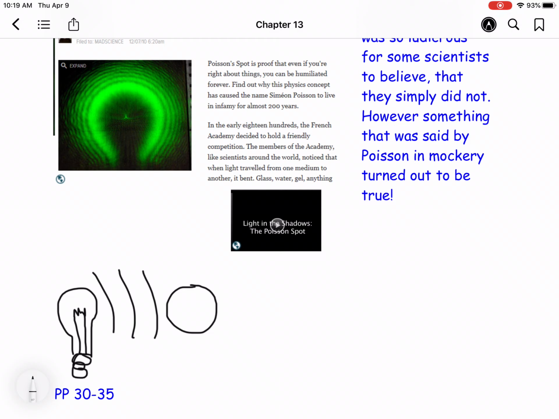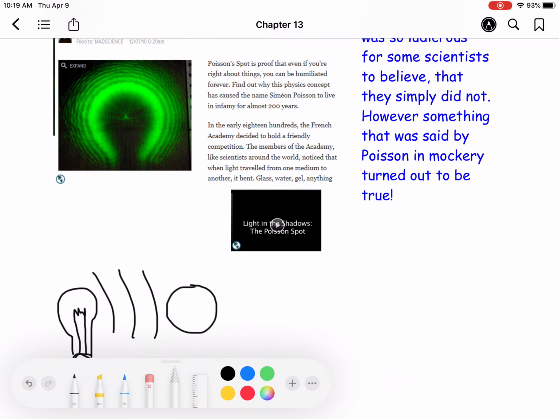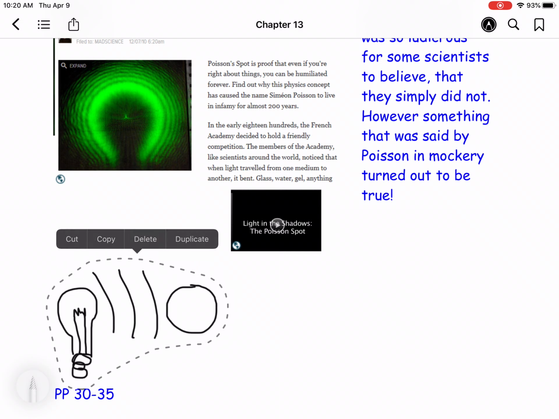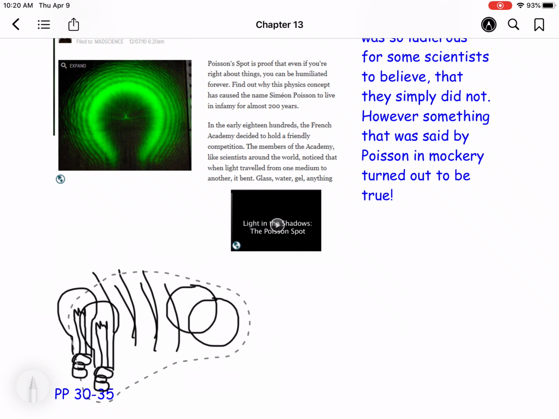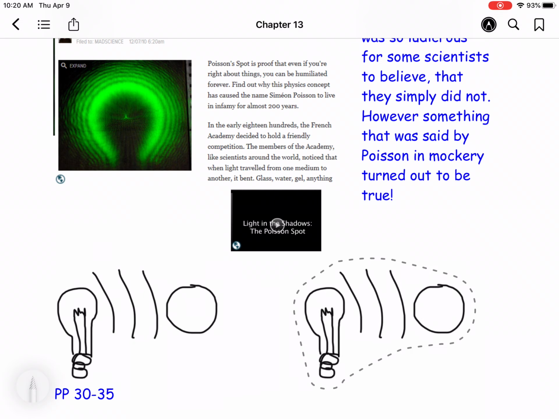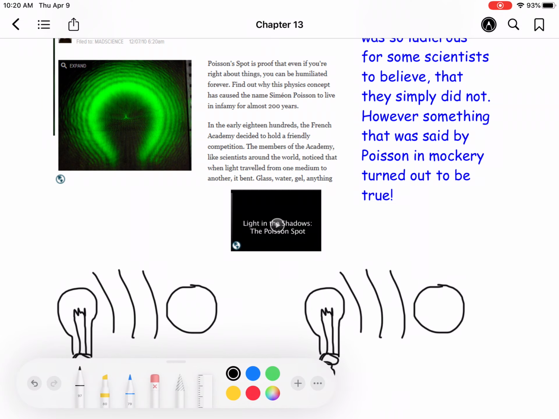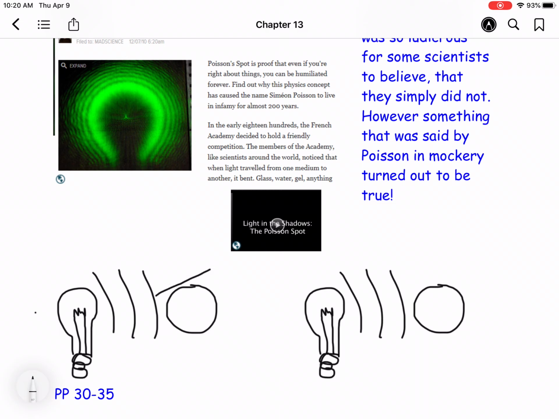So he was basically making fun of it. He was basically saying, well, since light's a particle, when you shine the light, it's just going to shine like this around this spherical object.